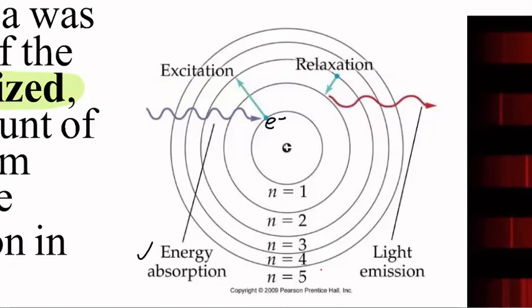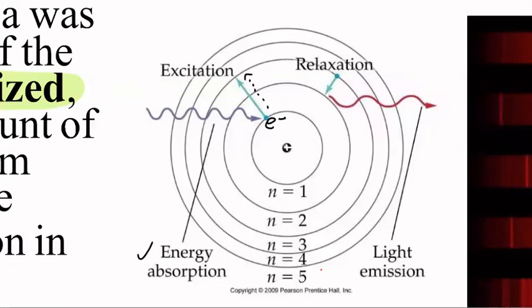Now, when this electron moves to a higher state, at some point it has to chill. It cannot be excited all day long. So when it needs to relax, that's when it goes through the process of relaxation. Relaxation is when it goes from an excited state to a lower energy level. So if it was at n equals 3, then it can go all the way down to 1.